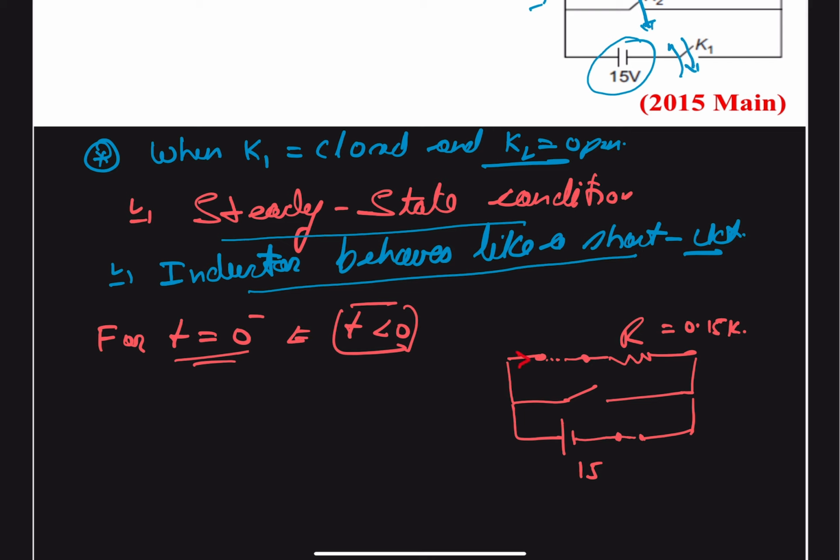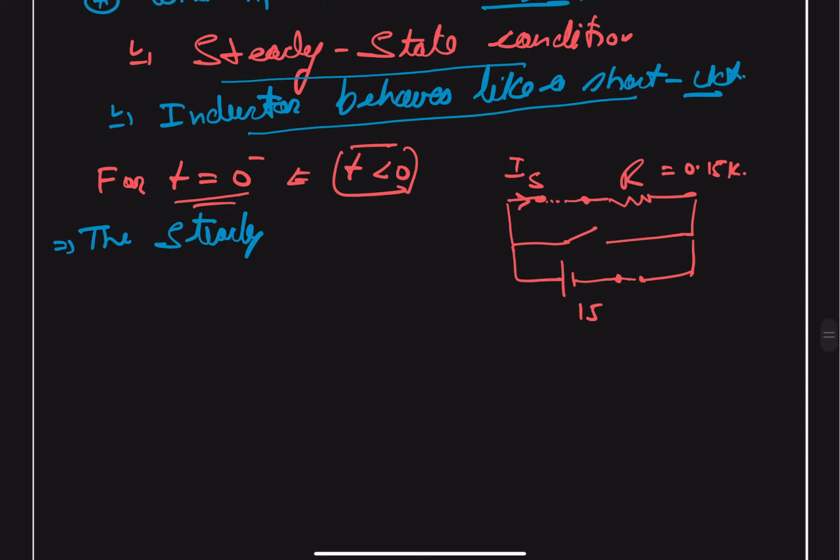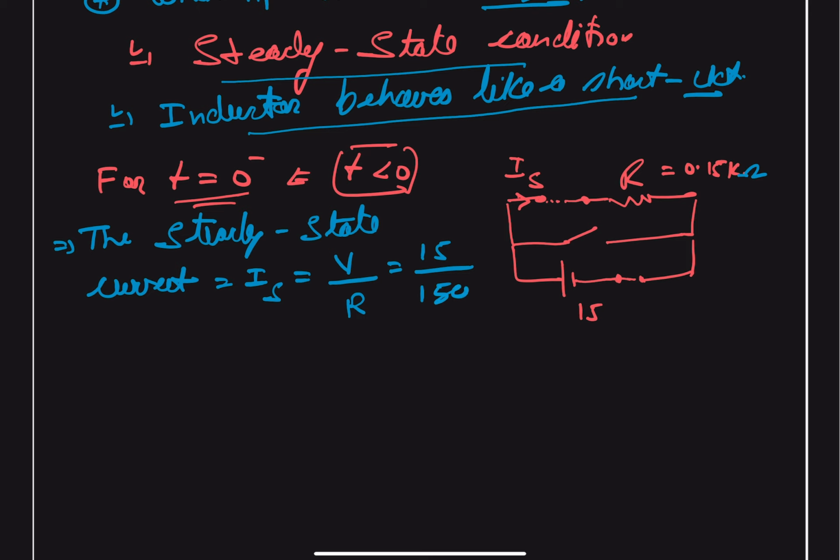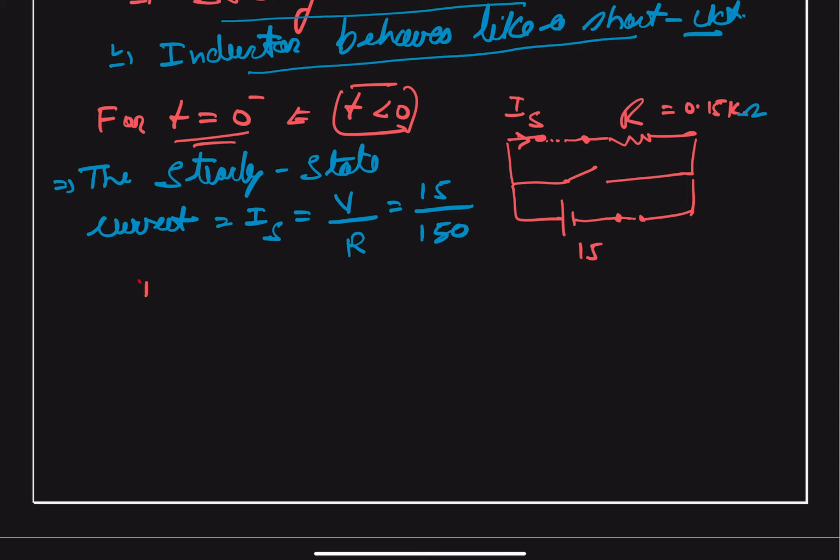So the current that is flowing in the circuit, let us call that IS, the steady state current, will be equal to the voltage V divided by R, that is our resistance. Voltage is 15 and this is 0.15 kilo ohm. It can be written as 150 ohm. So therefore we get our steady state current is equal to 0.1 ampere.